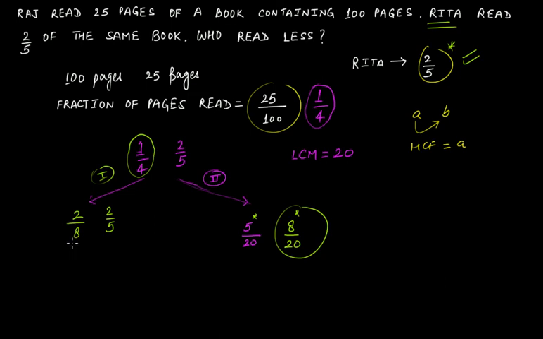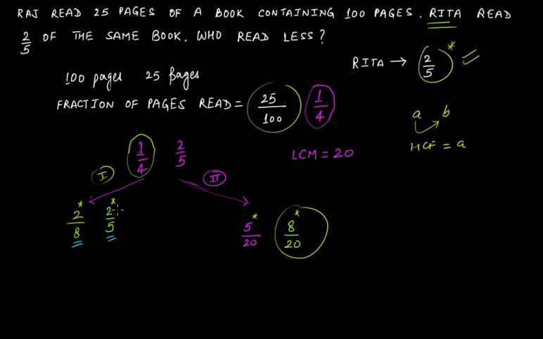Now it's again an unlike fraction, but this is the first category of unlike fractions. If you remember, we had discussed this one also, when you have the numerator the same. In these two unlike fractions, you have their numerator the same, and when the numerator is the same, you compare their denominators, and the fraction having the smaller denominator is actually the greater or larger fraction. So in this case 5 is less than 8.